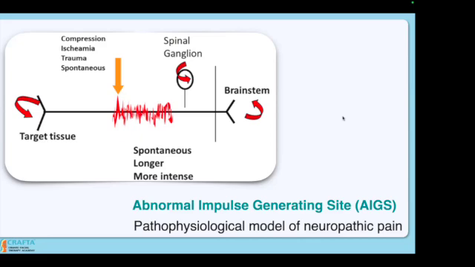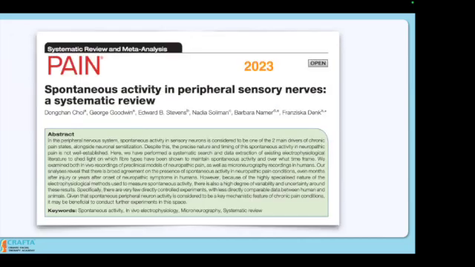When we look at a spontaneous situation, there is already a very interesting systematic review and meta-analysis from 2023, where they looked at spontaneous activity in the peripheral nerve.